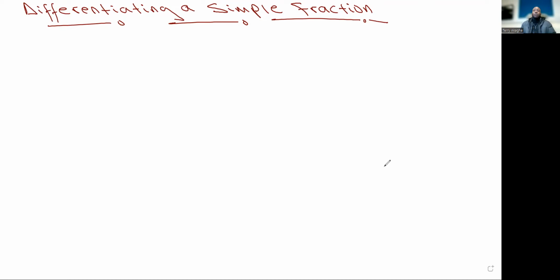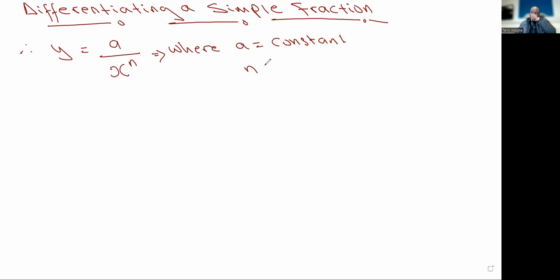All right. So in this, how we're talking about simplified fraction or simple fraction is that in this case, we're having something like y is equal to a divided by x raised to power n. Okay. So in this case, a is a constant and n is a power.